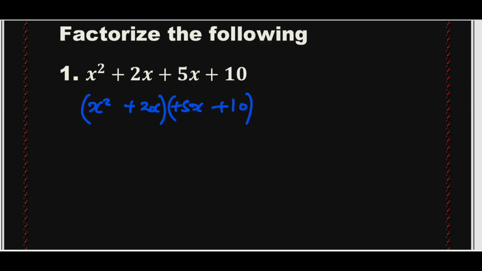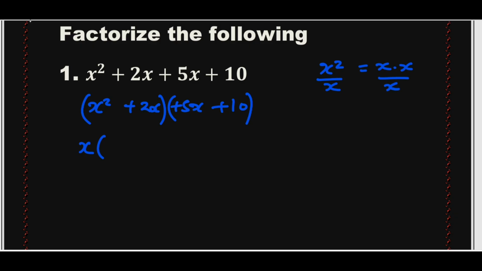In x squared plus 2x, the common term between x squared and 2x is x. So we are going to factor out x. How do you know what is to be written inside after removing the common term? You divide x squared by what you have put outside the bracket. x squared just means x times x.